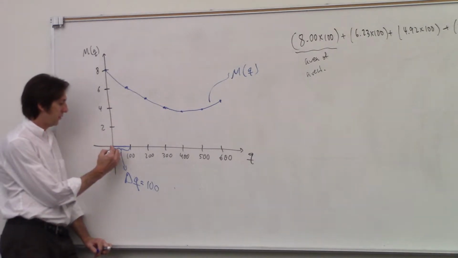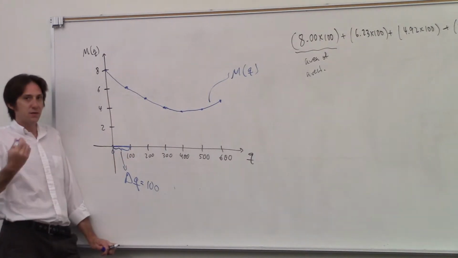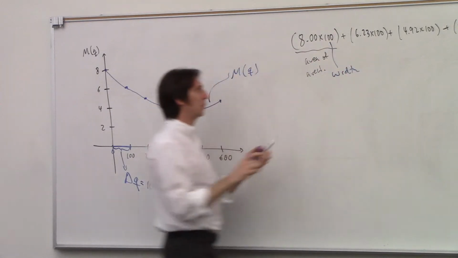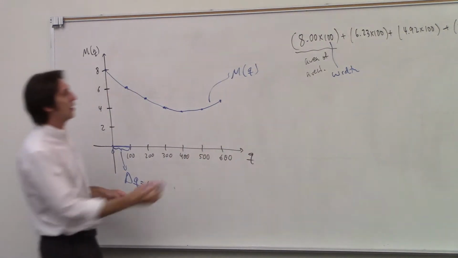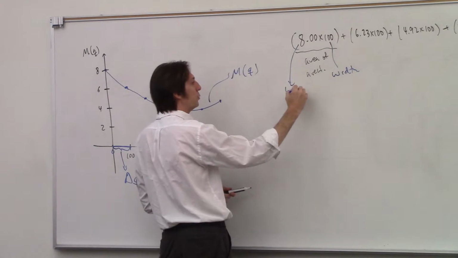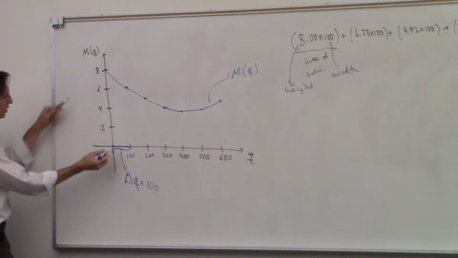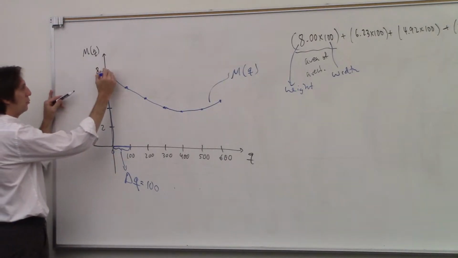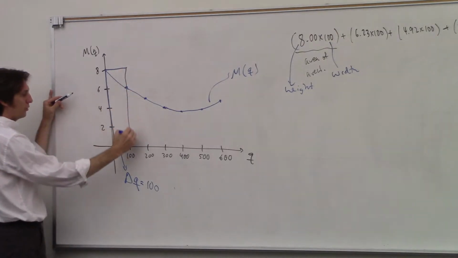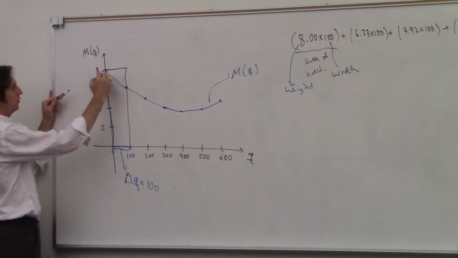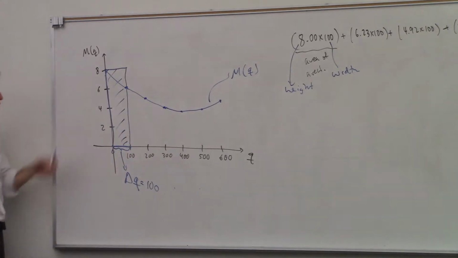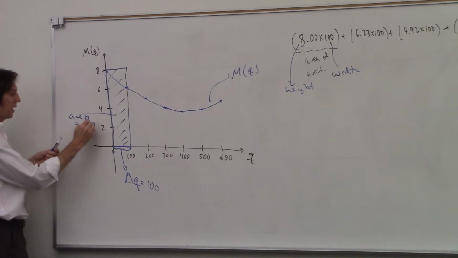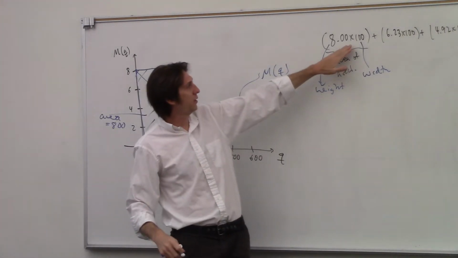So I can take this little segment here as the base of a rectangle. And I'm thinking about 8 as being the height of the rectangle. In my picture here, a height of 8 is all the way up to that data point. And so making a rectangle with width 100 and height 8, here it is. The area here is 800, and that's the first term in this summation.